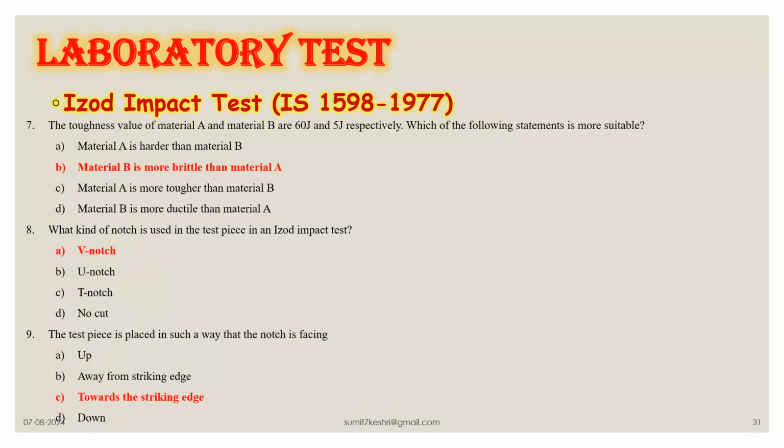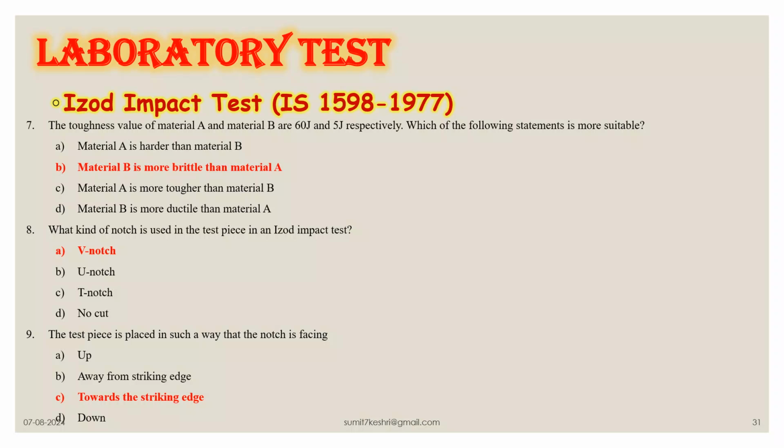So there are questions. Here one more question is, the toughness values of material A and material B are 60 joule and 5 joule respectively. Which of the following statements is more suitable? As in the previous slide, we have discussed that for ductile material, the toughness is higher than that of brittle material.